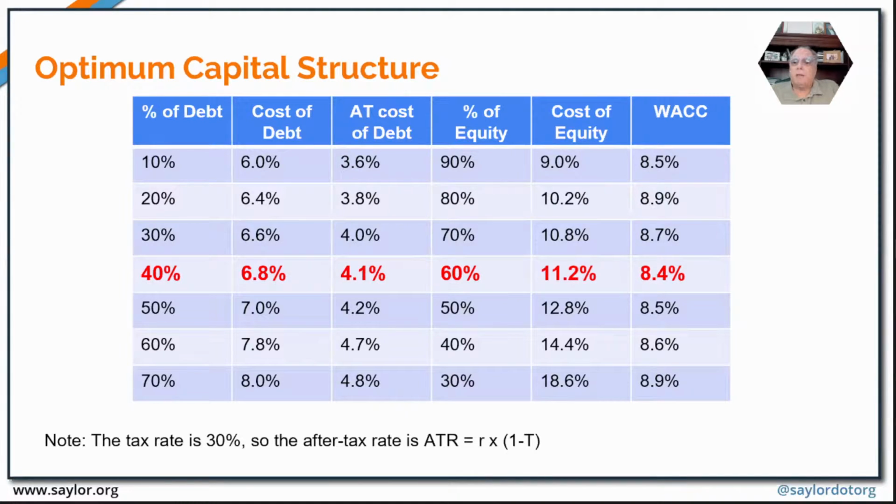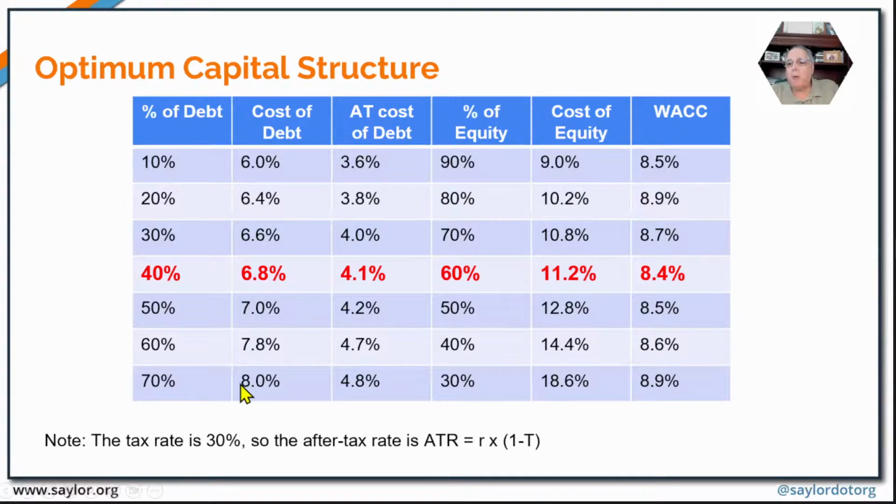The cost of debt. Now we can determine the cost of debt because that represents the interest that the lender is going to charge us based on the amount of money we're going to borrow. Note what I said was that as the amount of debt increases, what happens to the cost of debt? It also increases. Why?